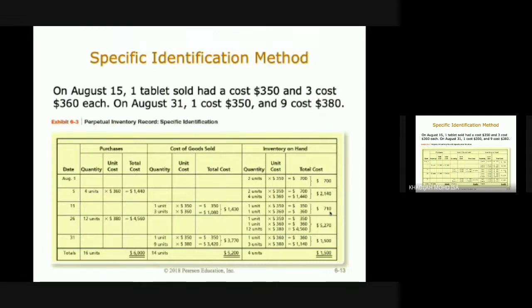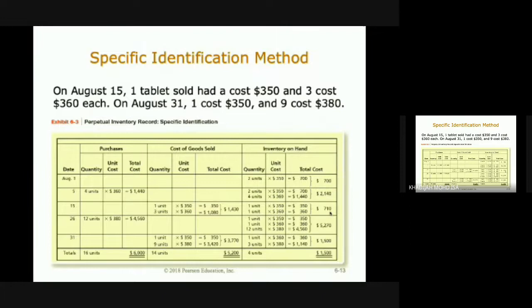That's why I say specific identification is very easy, because the cost is given. You don't have to decide what the cost will be. Is that clear? Yeah, thank you, madam. That's why it's called specific, because they specify the cost of each of the units sold, so you can decide what the closing will be.